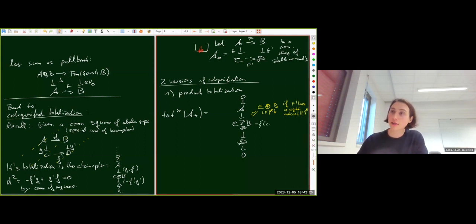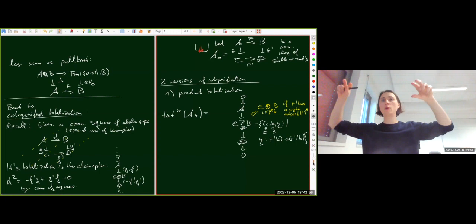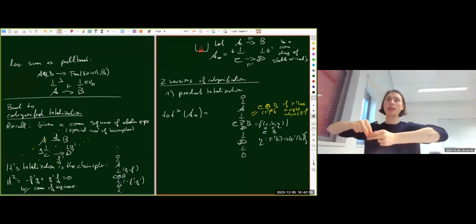There's a good definition, but the intuitive definition is that this consists of triples C, B, eta, where C is in C, B is in B, and eta is a map from F prime of C to G prime of B. So this time we're not gluing along a functor, but along two functors which target the same category.